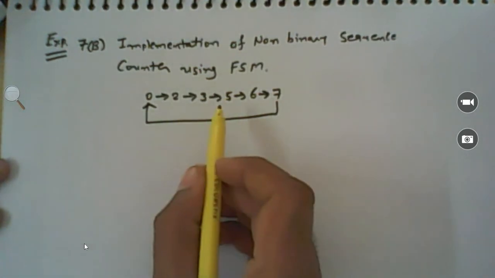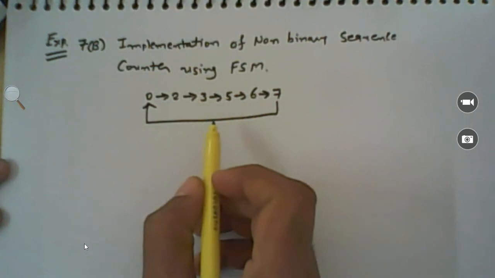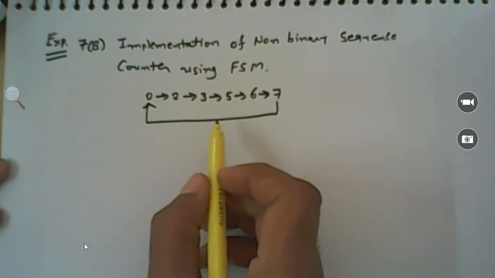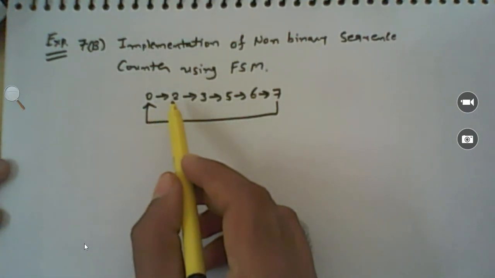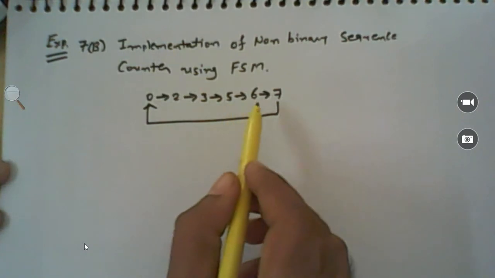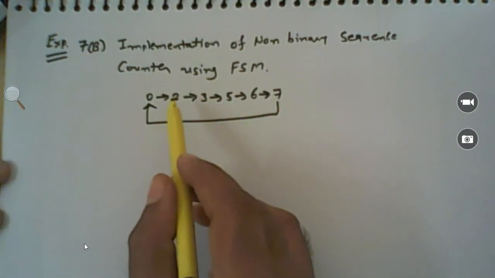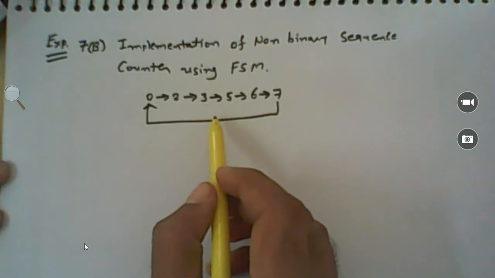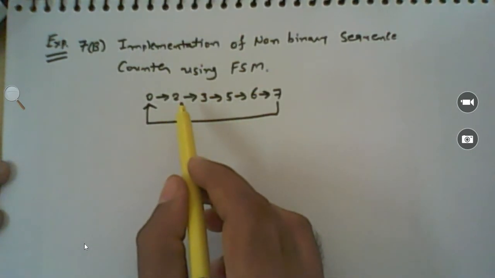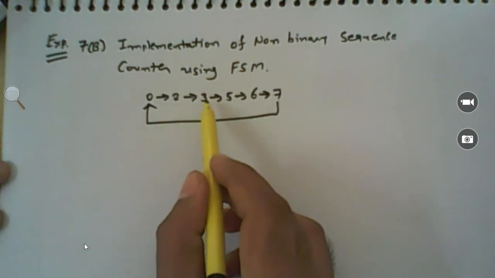This is our non-binary sequence, and we want to implement that counter on an FPGA. The sequence is 0, then 2, then 3, then 5, 6, 7, and then again 0, and it should repeat at every clock edge. So it should change the state at every positive edge of the clock.